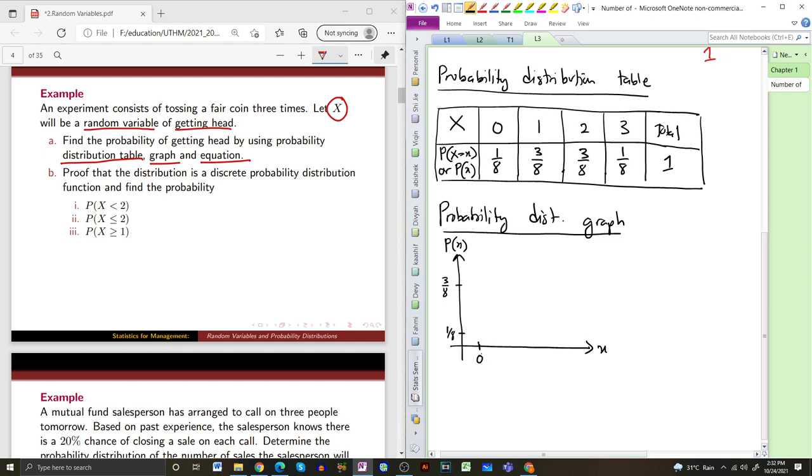Now my x is 0, 1, 2, 3. The probability is 1/8, so you put a point here, you draw a line here. This is how you draw a graph. The probability for 1 is 3/8, you plot a point here.